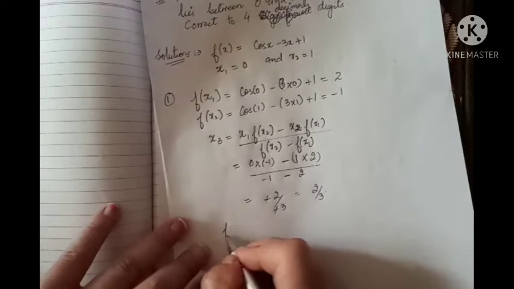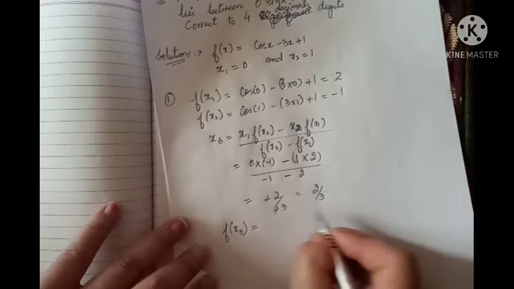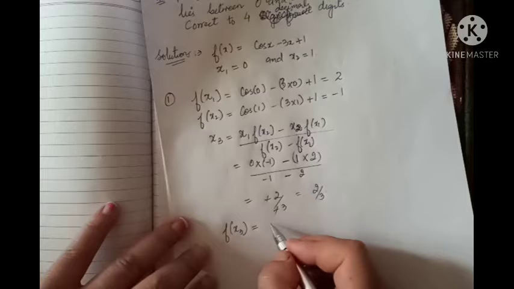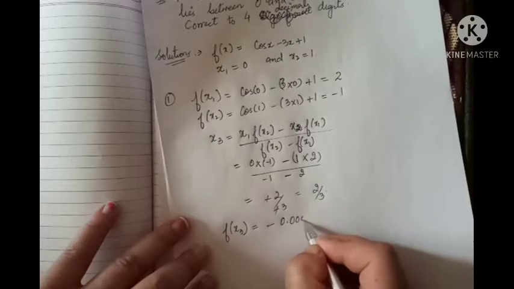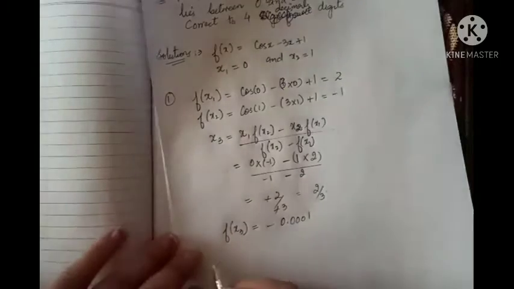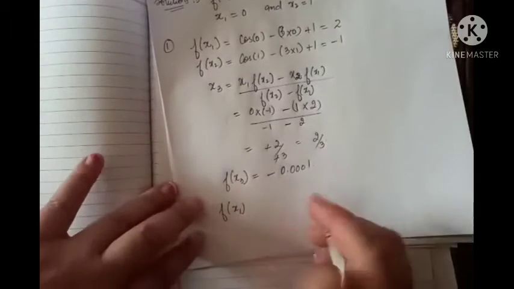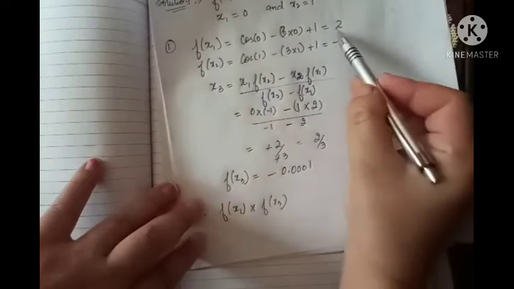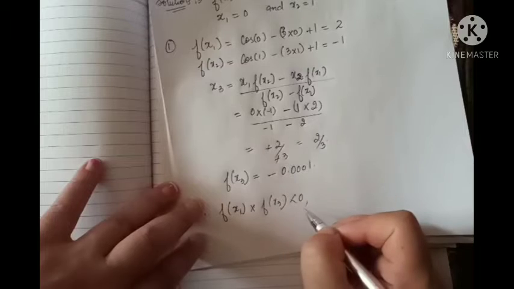Then after calculating the value of f of x3, by substituting the value in the equation, you are going to get the result as minus 0.0001. Therefore f of x1 into f of x3, both having opposite signs, the result will obviously be less than 0.